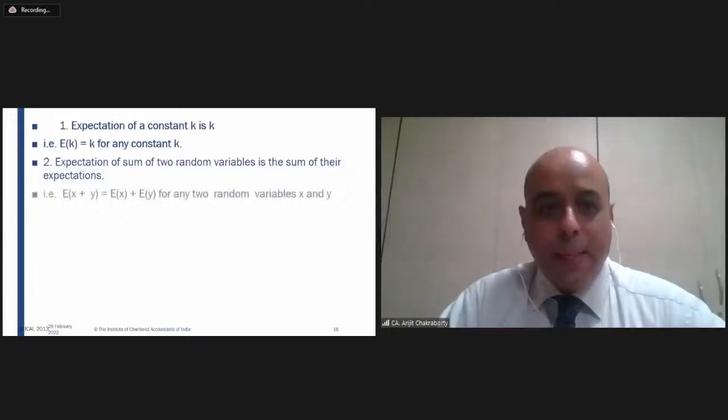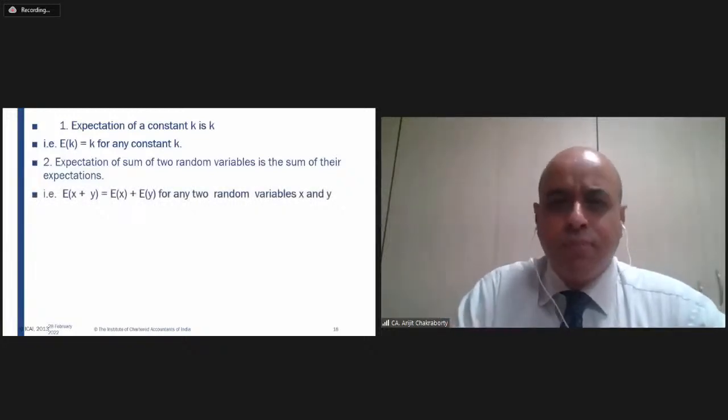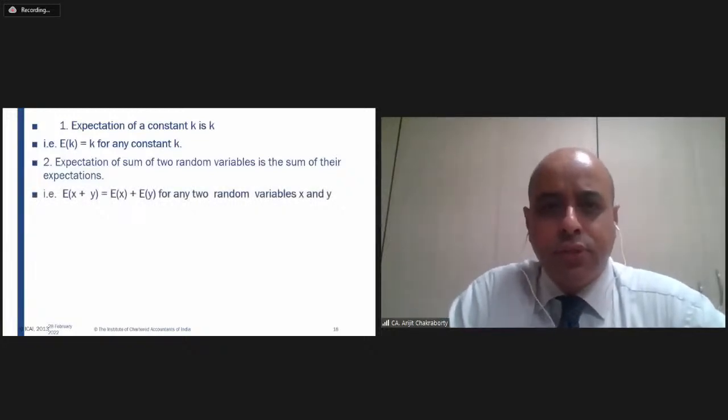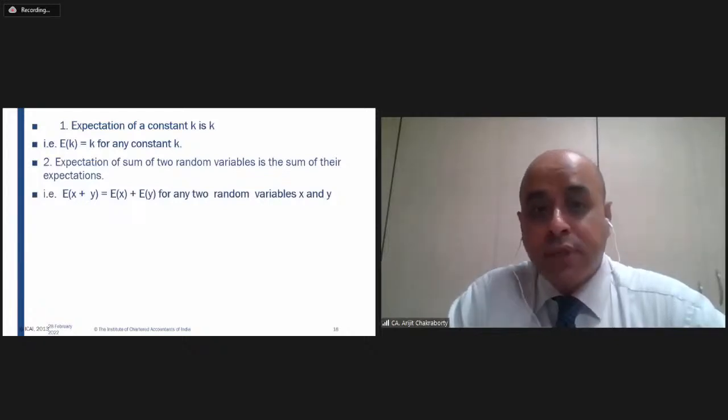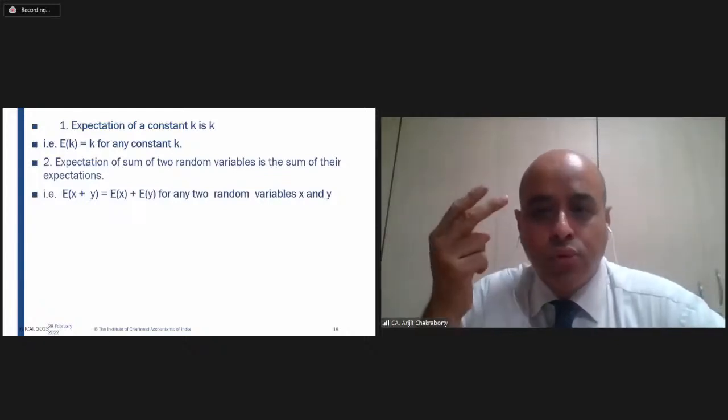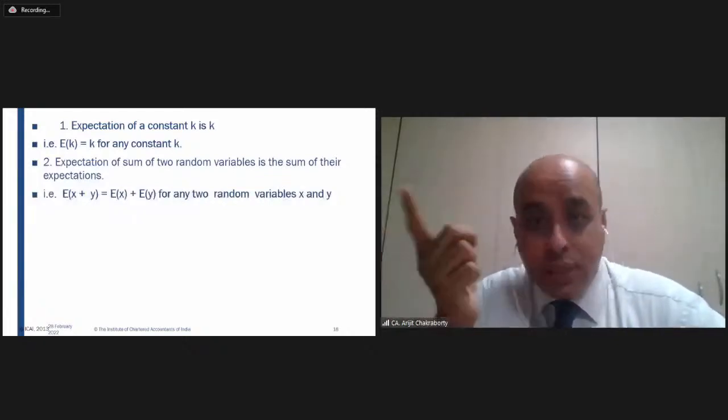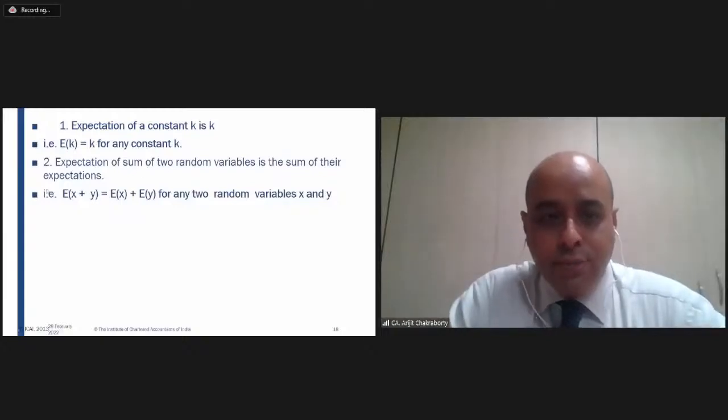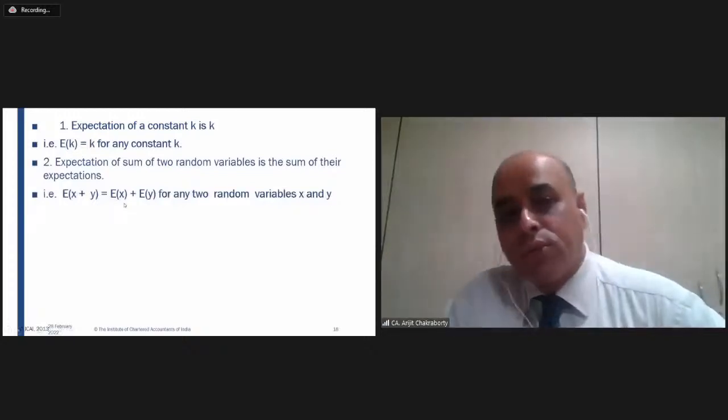Okay. Now some simple theorems are there in the study material which we will review one by one. Expected value of a constant k is always k. That is very clear. It is self-evident. And expectation of the sum of two random variables, that is E of x plus y, please see the slide, is equal to the sum of their individual expectations.